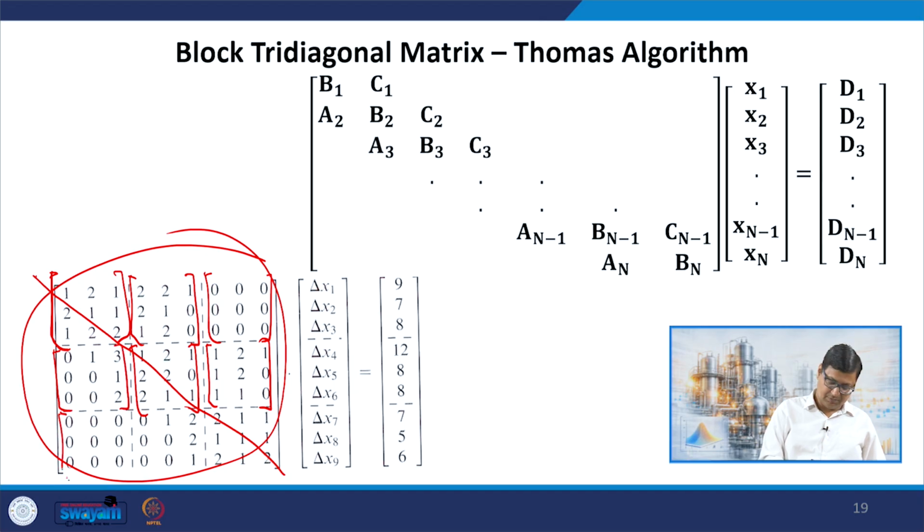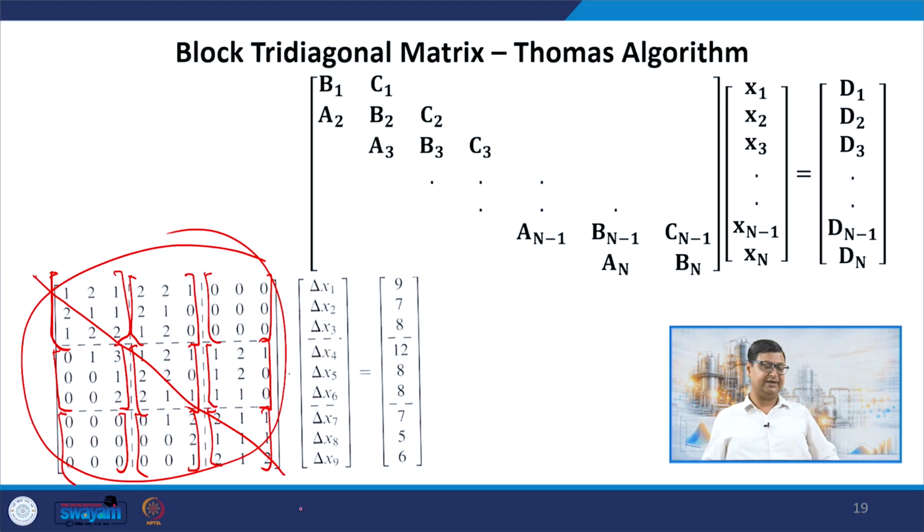Now you can see that if I look at the diagonal here, the diagonal contains the matrices having non-zero elements. The lower diagonal now is this diagonal, which also contains matrices having non-zero elements. The same is true for the upper diagonal.